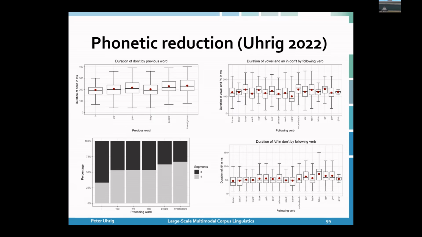So what you see here, on the left-hand side, we have the duration of "don't" in milliseconds, and this is dependent on the preceding word: I, we, you, they, people, investigators. There was some discussion in the 1980s on whether "don't" is shorter because it's preceded by a pronoun, or because it's preceded by something more frequent.